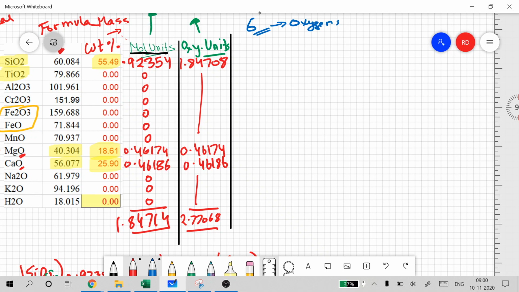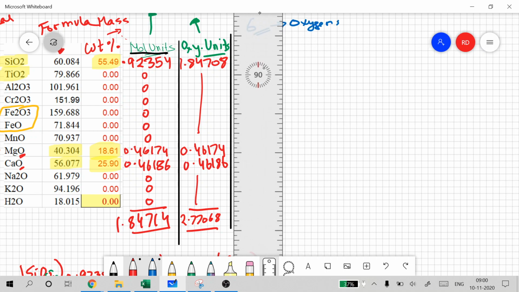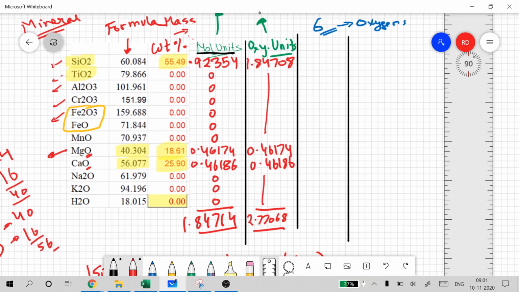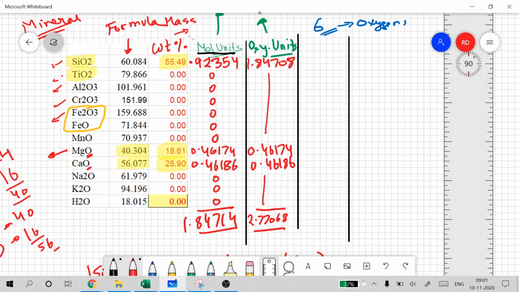Okay, so how will you normalize this data now? If you want 6 oxygens here, okay. So now this is called normalized oxygen units.